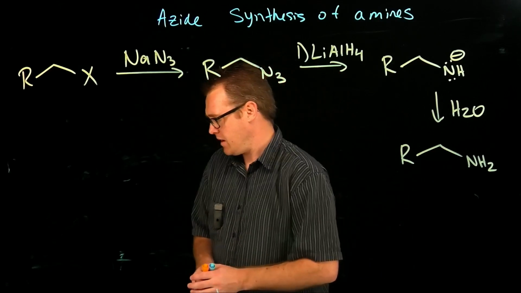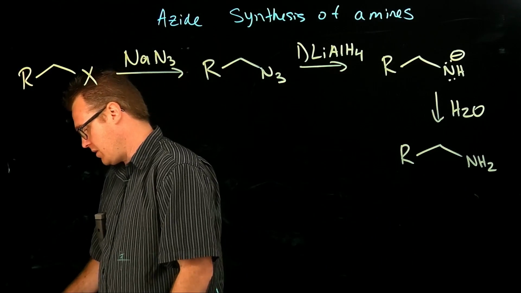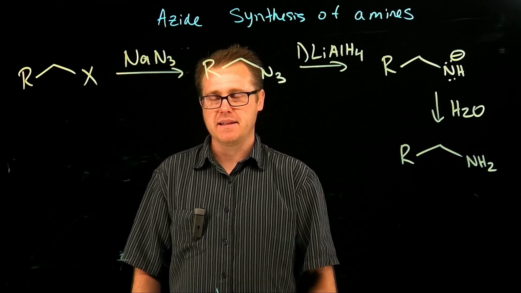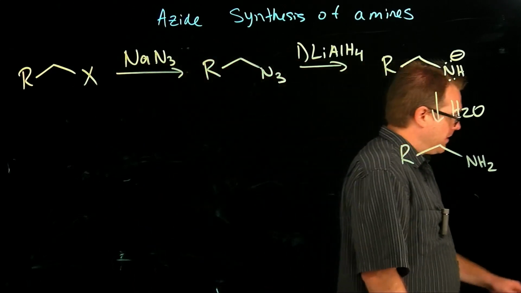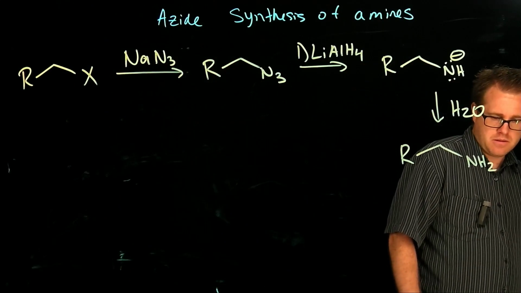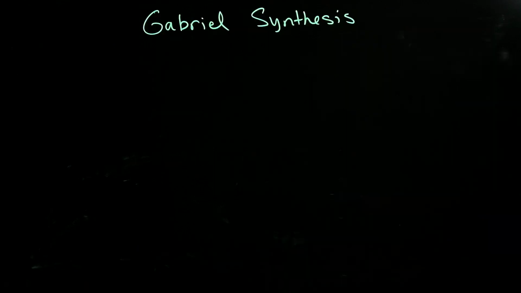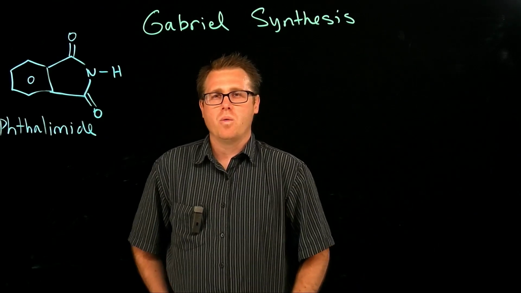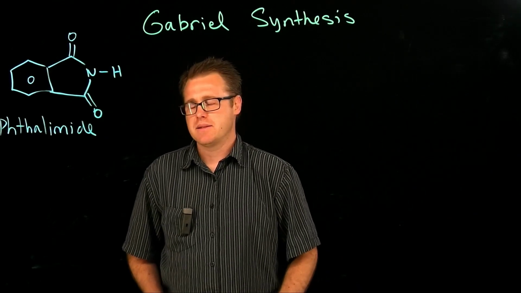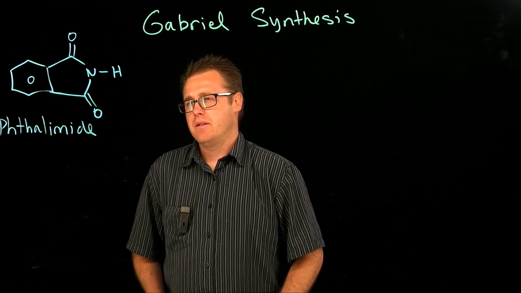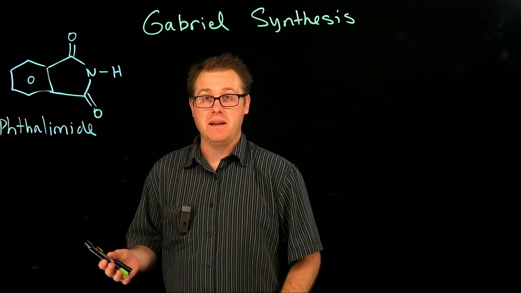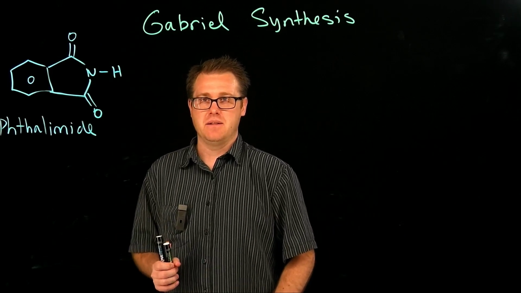All right. So the next reaction that we want to look at is a named reaction called Gabriel amine synthesis. The Gabriel amine synthesis is a useful reaction because it can make primary amines very effectively.